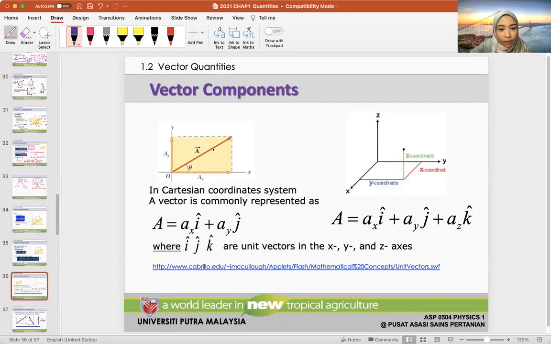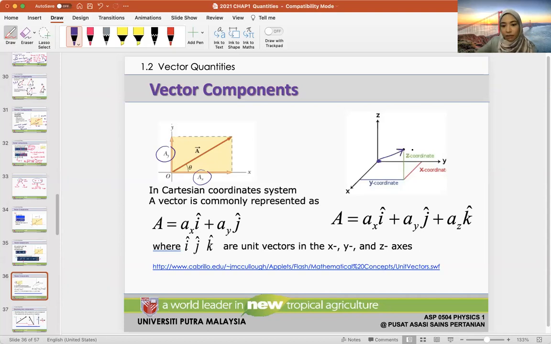If our A vector is in 2D, we only have the X component and the Y component. But your vector can also be in 3D. This is your starting point. It started from the origin, and it goes to this point.